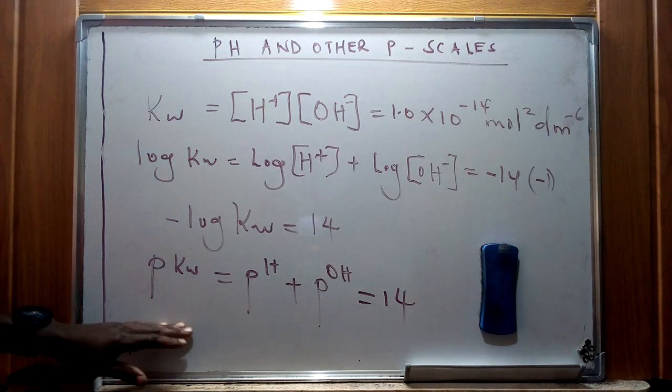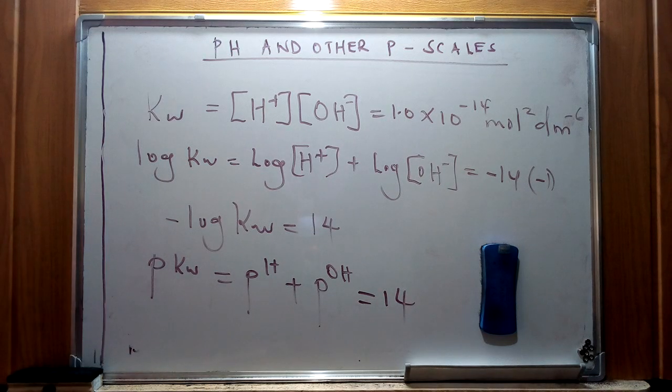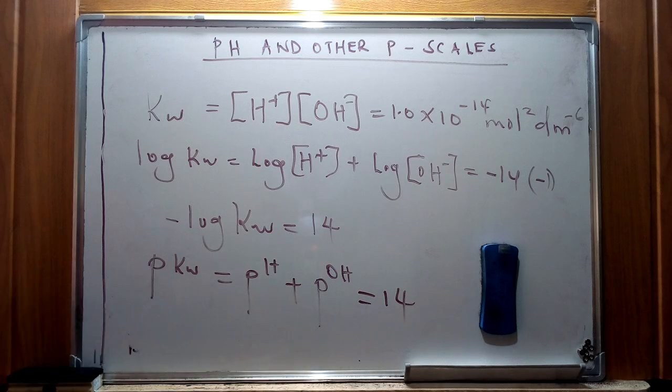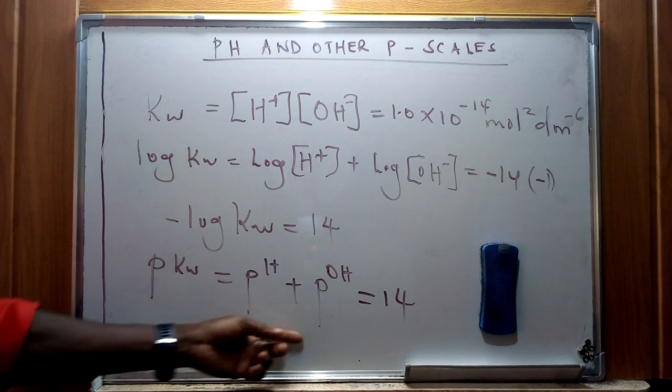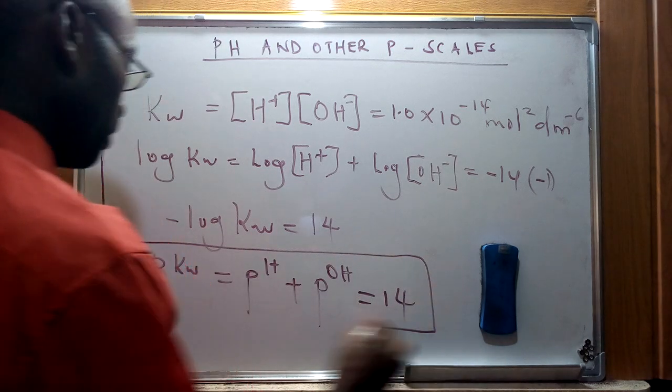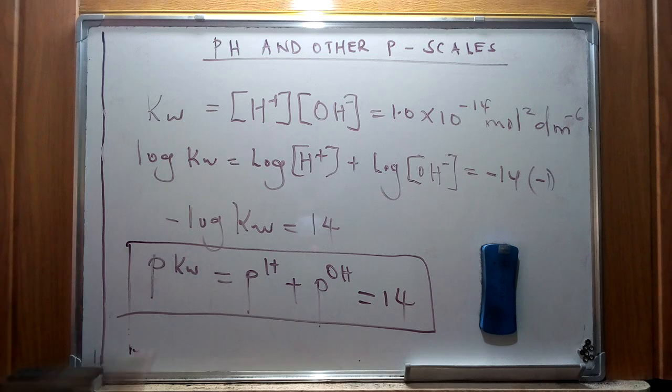So basically from this equation, it's going to give us a general view on how we can represent the particular value for the pH of either an acid or a base from this general equation, which is going to act as our basis for defining acids and bases on a pH scale.